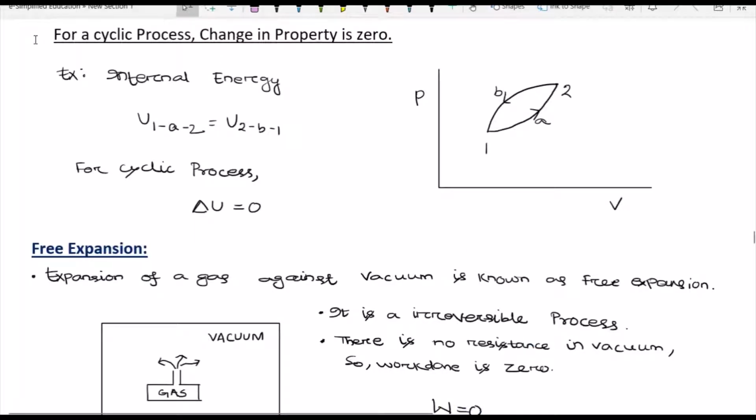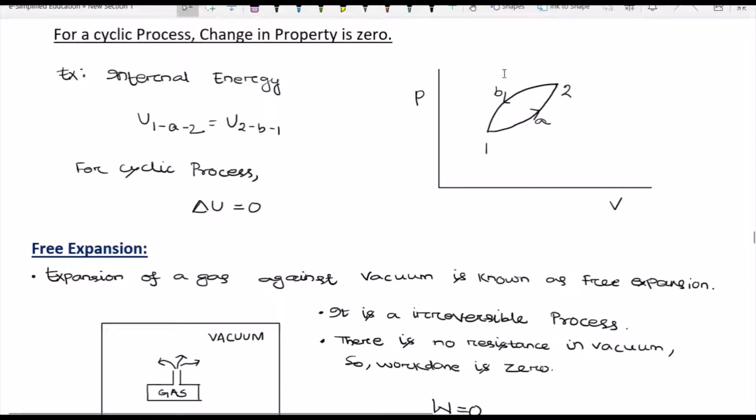So the next important point is, for a cyclic process, change in property is 0. I am taking one example of property, that is internal energy. From the PV diagram I have shown here, 1A2 is the forward process, 2B1 is the backward process, and it completes a cycle. It starts from 1 and again ends at 1.